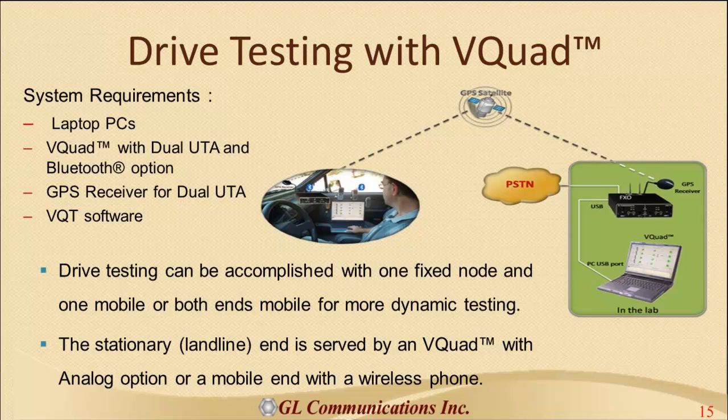Once the call is established, you will be sending voice files from side 1 to side 2, or bidirectionally from side 2 to side 1, and this will map the GPS coordinates with the recorded files. This will be sent to a central database web viewer, wherein you will be able to see at what point the voice quality is higher or lower. And also, you can see the status of the different call control events, when the call dropped and when the call was successful.